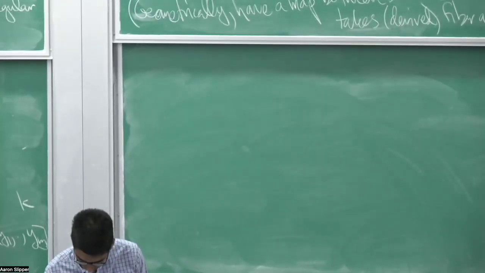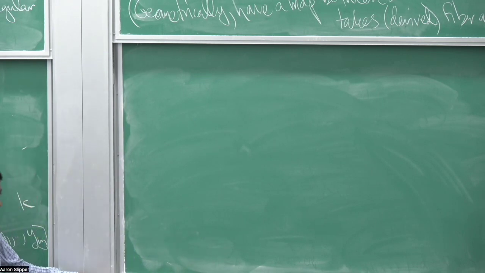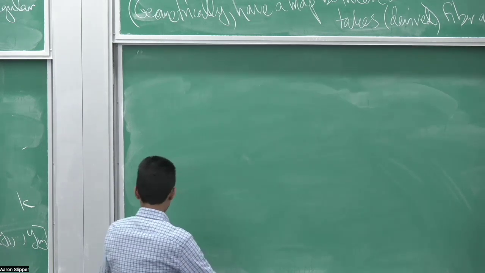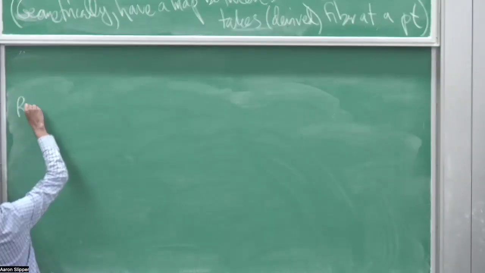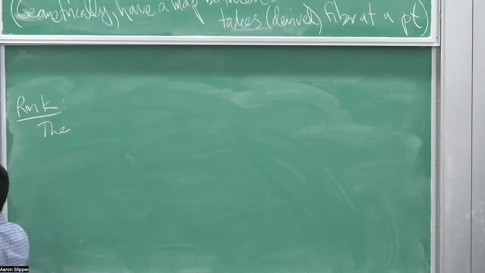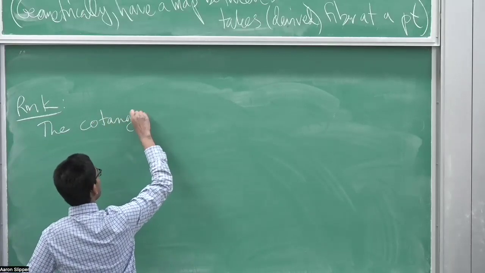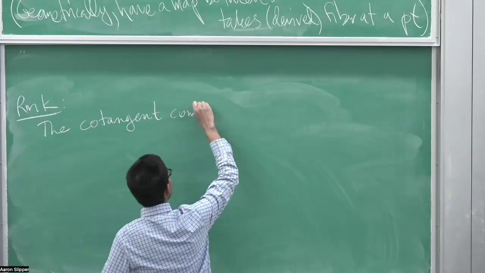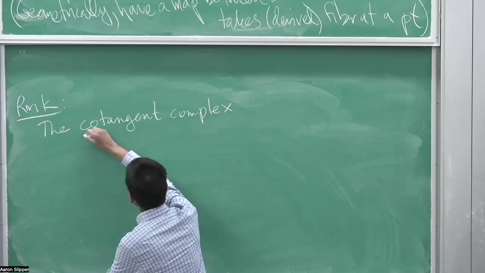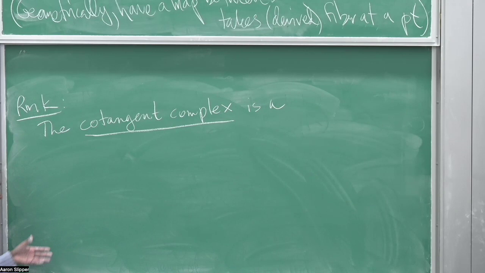Maybe I should say something about the cotangent complex real quick for prestacks. It's going to be a definition. The cotangent complex is a construction that is supposed to be the derived version of the cotangent bundle.